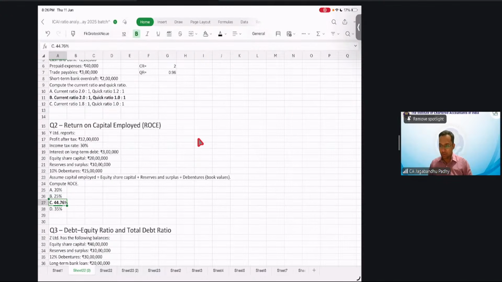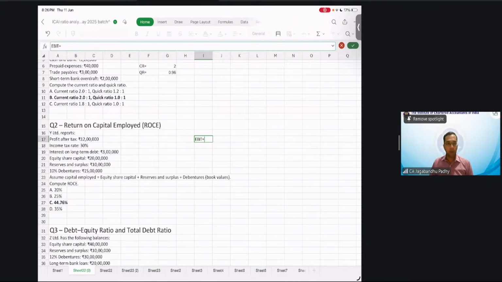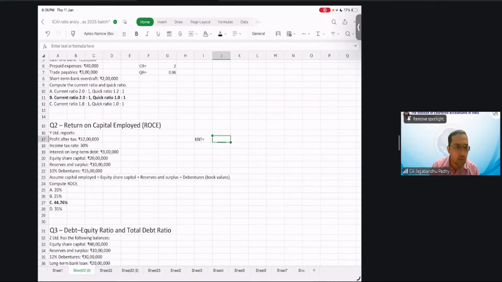Since we want the return on capital employed, I need to get the EBIT. Pooja is asking that in the MTP, while calculating quick ratio, they have subtracted the overdraft from current liabilities. But from the recent material, Pooja, it is clear that we have to take only current liabilities. The 2026 version of the material asks for OD not to be subtracted from current liabilities.